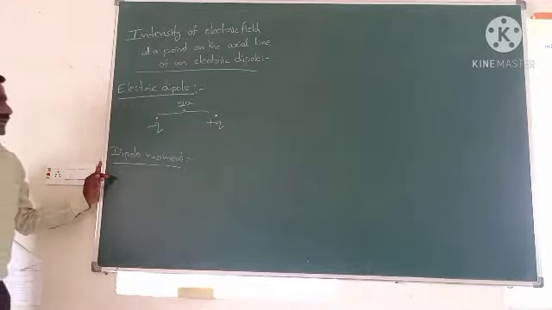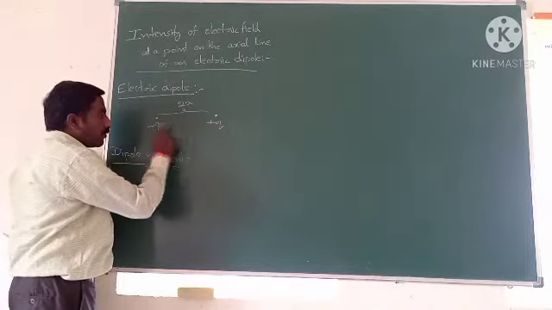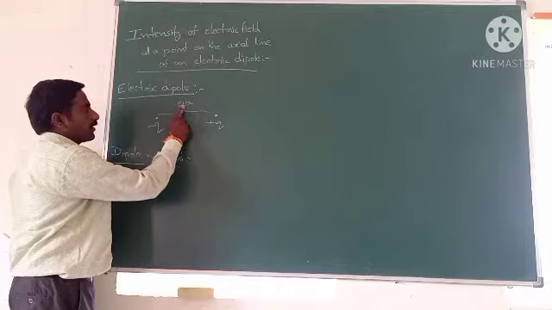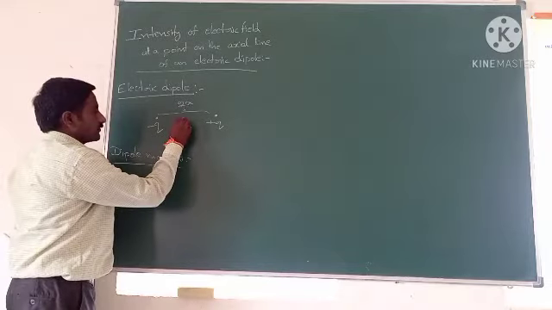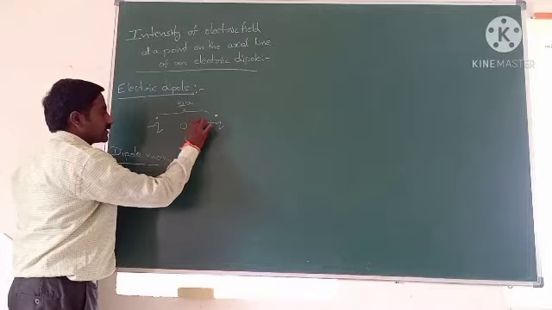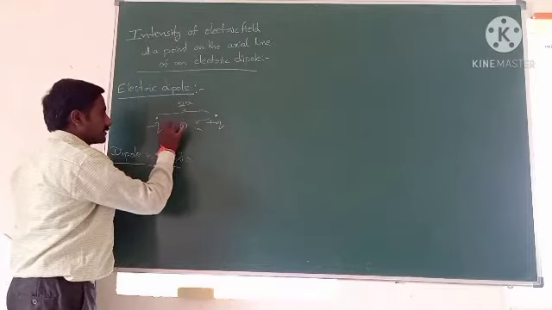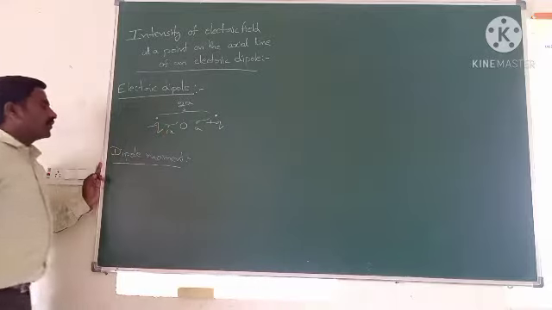Two equal and opposite charges separated by a distance 2a is called an electric dipole. This is the center of the dipole, named O, which means this distance is a and this distance is also a.